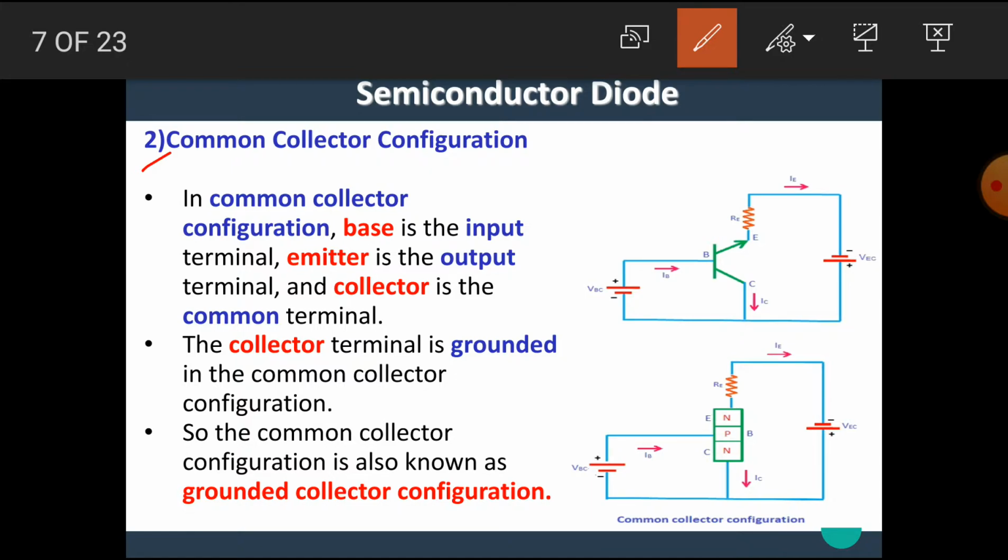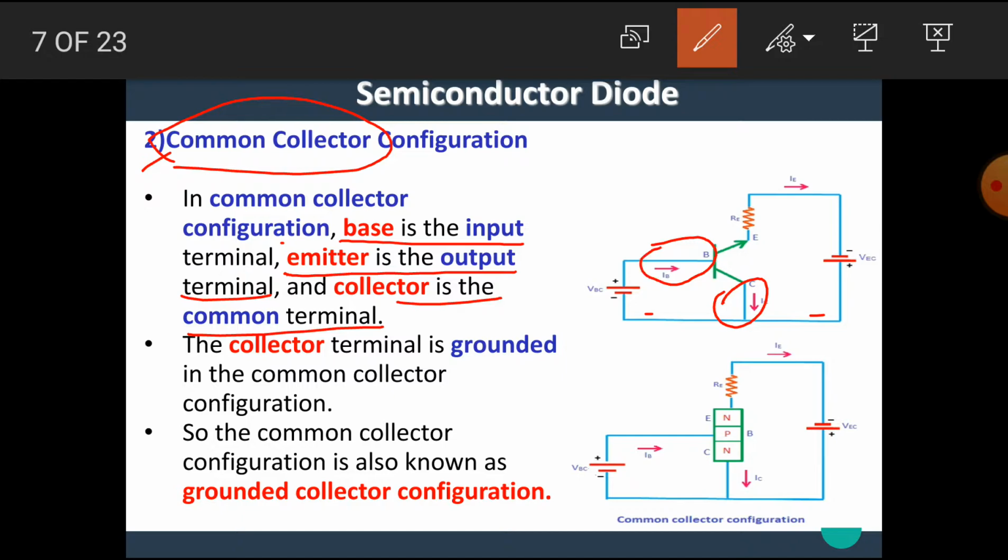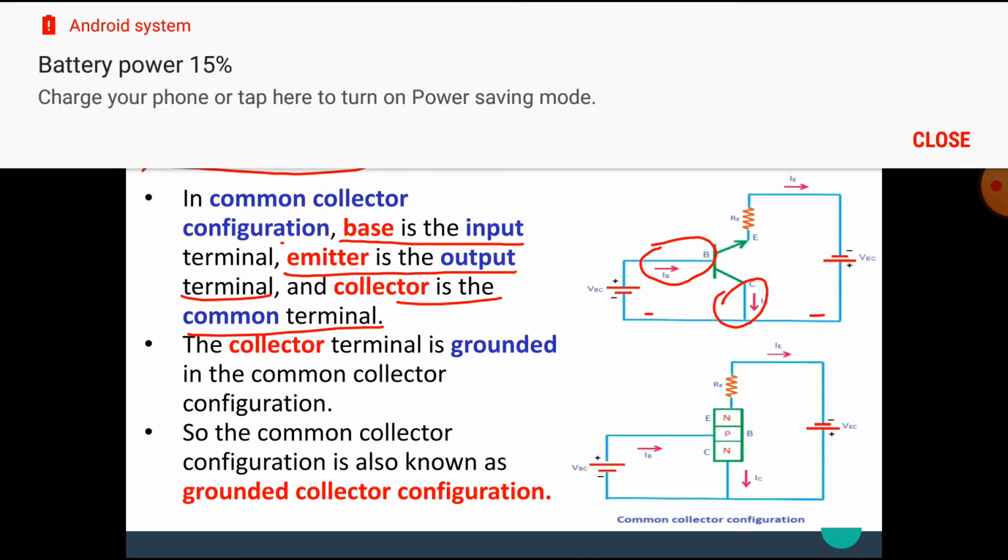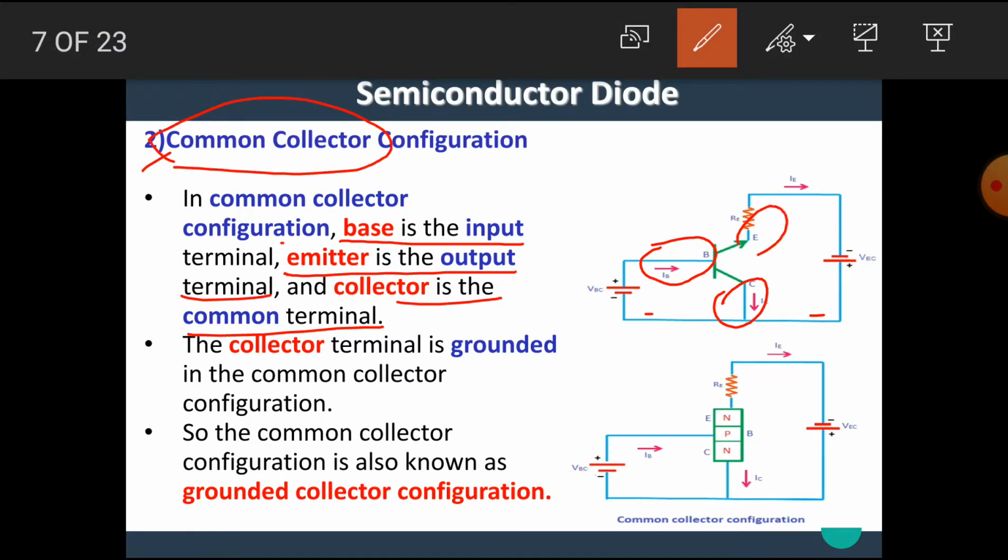In common collector configuration, base is the input terminal and emitter is the output terminal and collector is the common terminal. That means, as the name implies common collector, the collector terminal is common between input side and the output side. Here the input side is base while the output side is emitter.